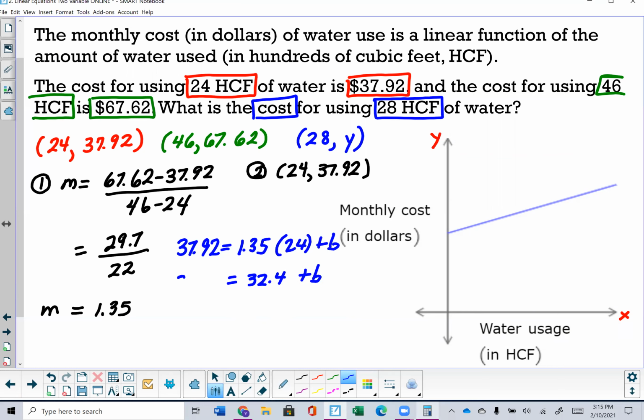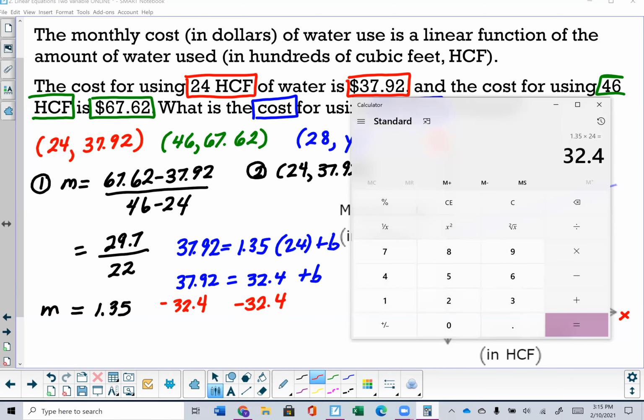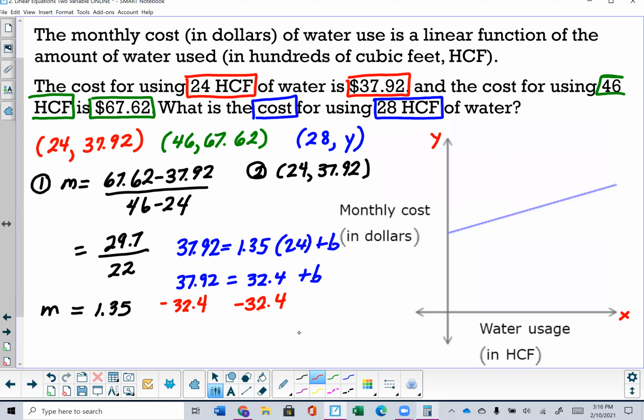So we still have the 37.92. Subtract 32.4. All right, so 37.92 minus 32.4, and we get 5.52 for our y-intercept.